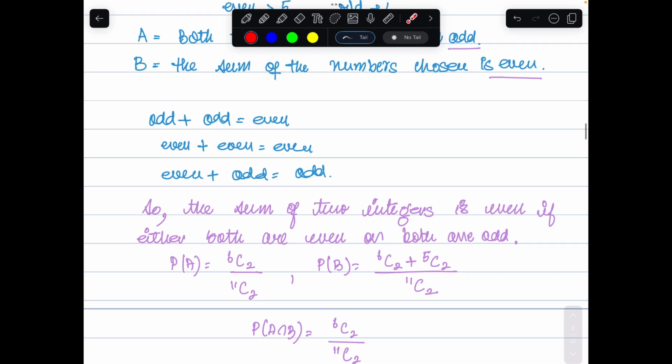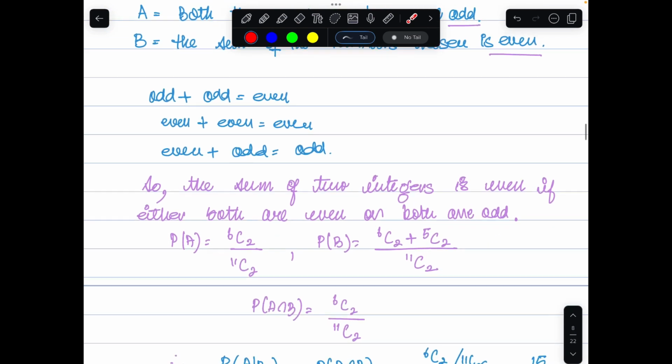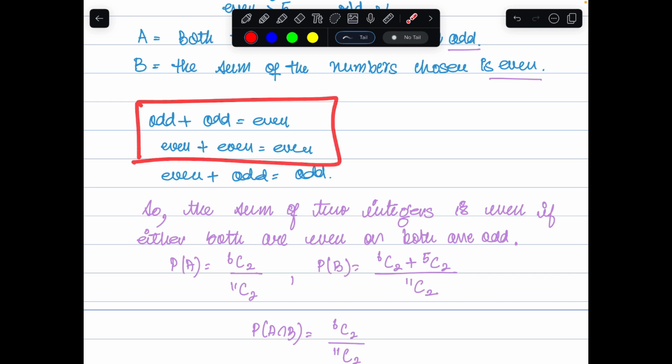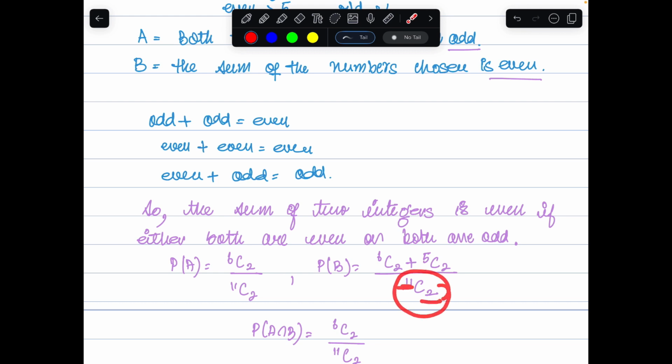What is the probability of B? Probability of B is I need to get two numbers whose sum is even. Now that can happen in these two ways. Both are even or both are odd. That means out of 11, two numbers I need to choose, I can do in this way.